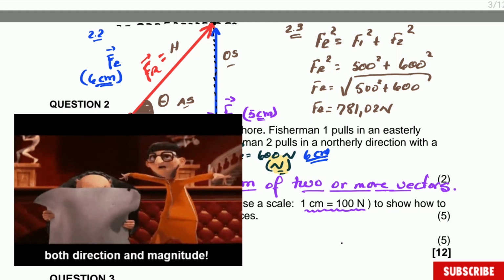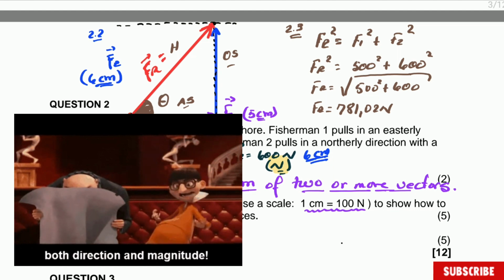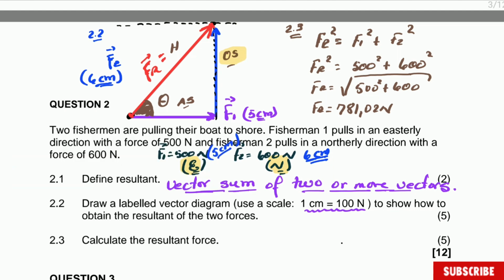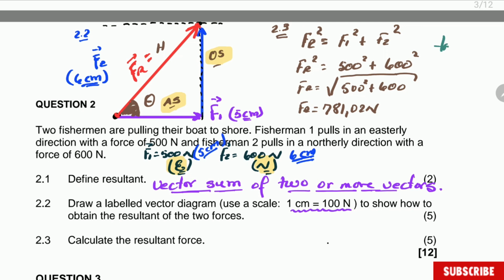Now here we only calculated the magnitude of the force. We need to get the direction, and this is why I came here and said opposite side, adjacent side, because using that one we can now use tan theta, which is equal to opposite side divided by adjacent side. And if we do that, we have tan theta is equal to opposite side, 600, divided by 500, and when you calculate this, you get that tan theta is equal to 1.2.